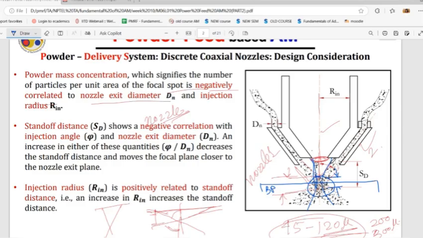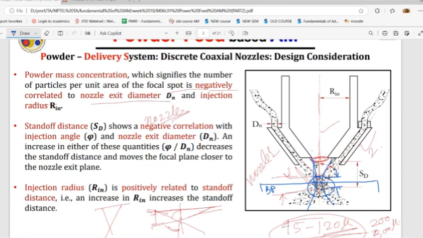So deposition weight divided by whatever powder is coming is generally 10, 20, 30% in the case of powder DED. So it is less efficient in terms of deposition, and that much more wastage is there. A lot of powder gets wasted in this process. The wasted powder will get collected nearby the deposition zone, which you can collect later on and reuse after sieving.